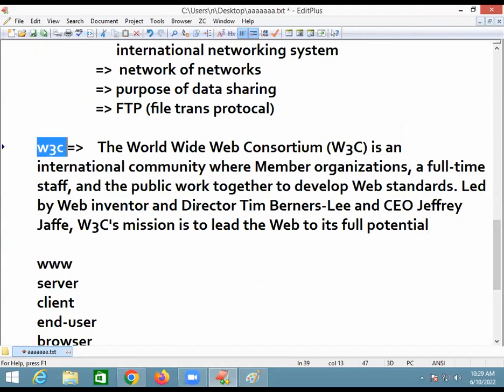So if you want clarity about W3C, I'll give a small live example from our real life. Anybody, do you have an account in SBI? HDFC? Indian Bank? Some people have SBI, some HDFC, some ICICI Bank, some Indian, Punjab, Mysuru, something.